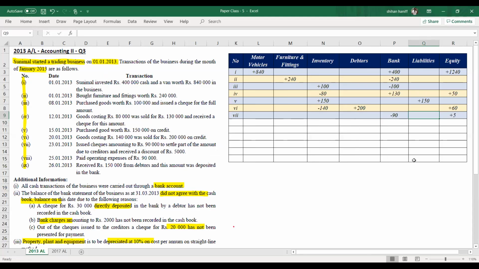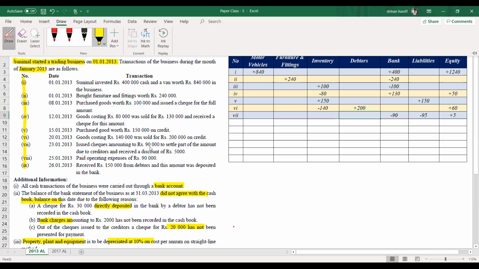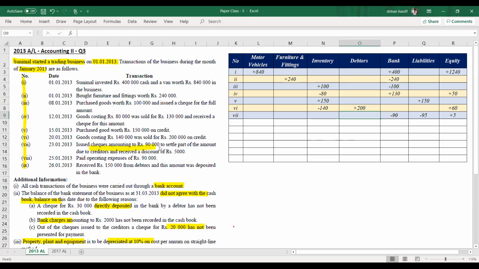So that liability will reduce by 95,000: 95,000 was settled by paying 90,000 and discount is 5,000. The reduction is not 85,000 for the bank, because the check amount is 90,000, so we have to deduct 90 from the bank. That's the check amount.